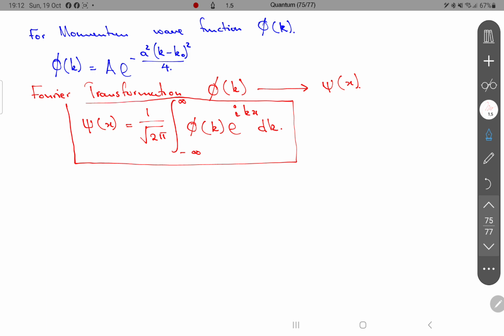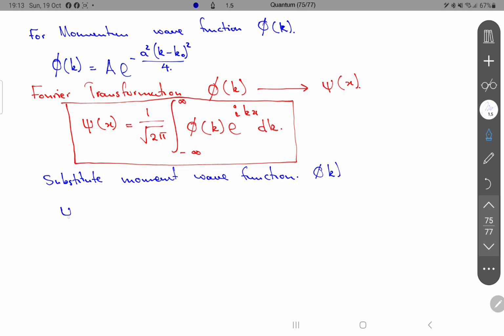So with the transformation, let's substitute our momentum wave function phi of k.